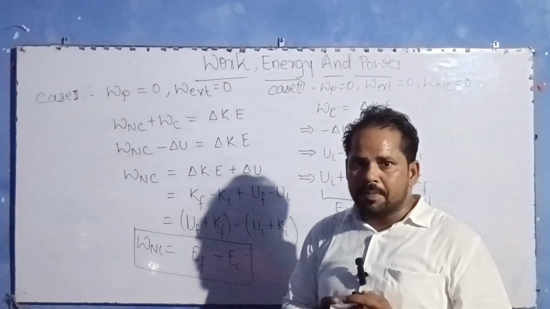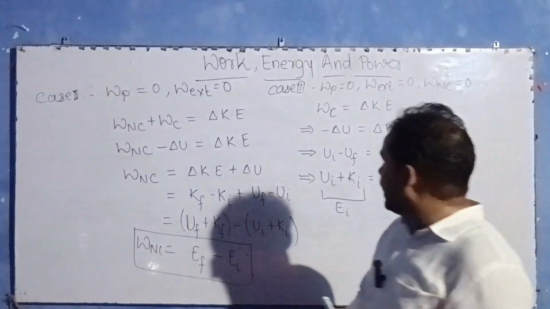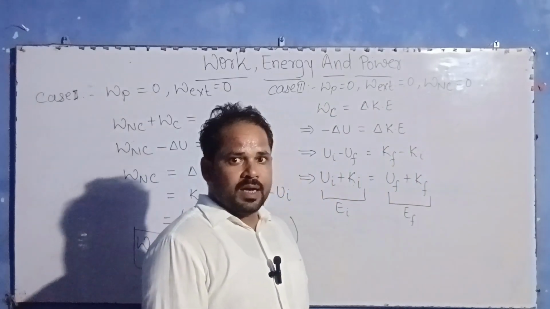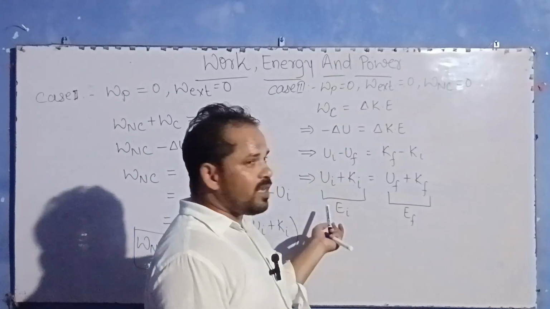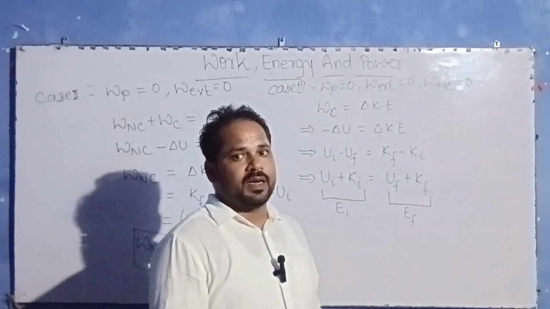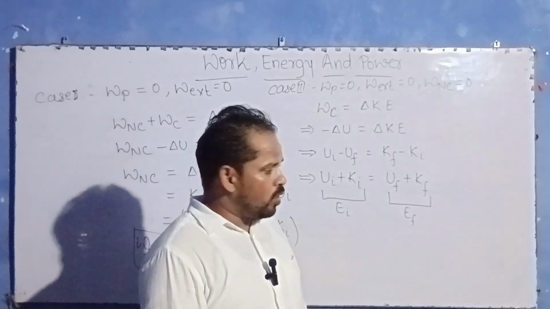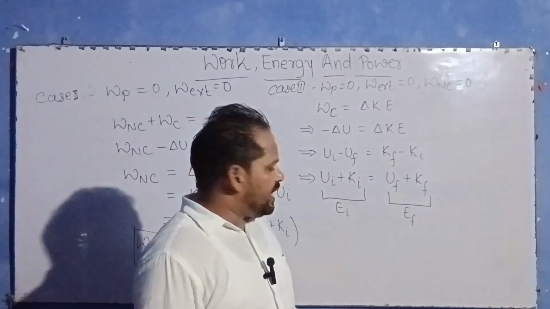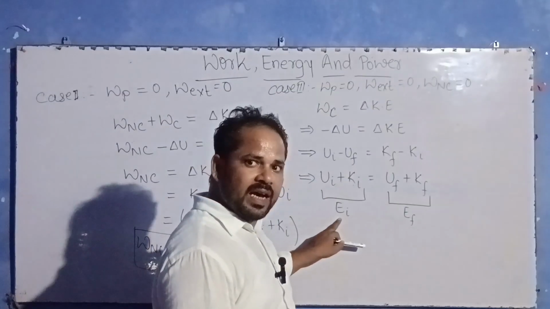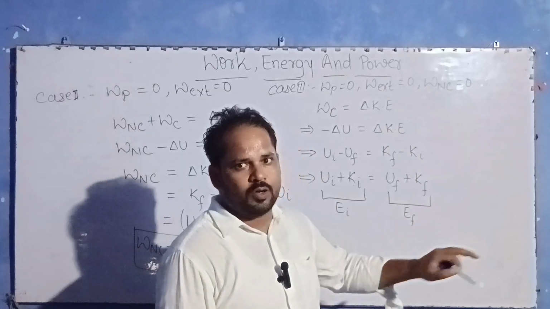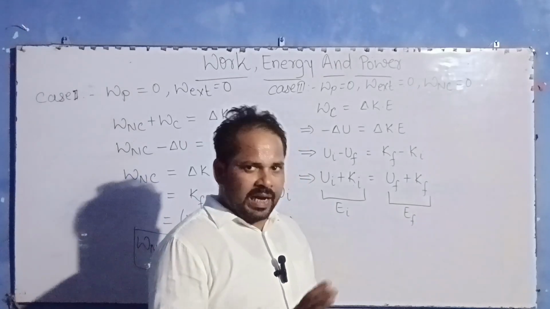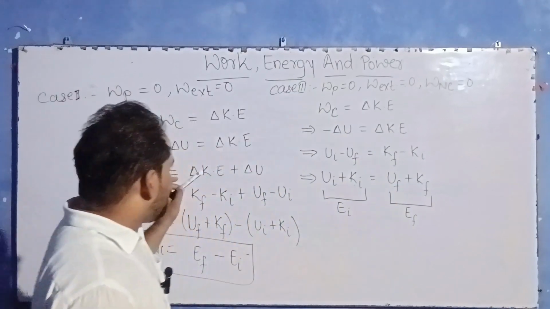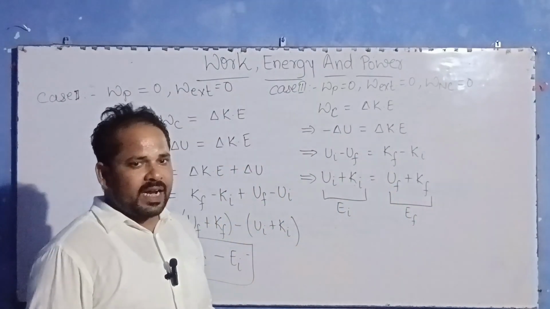We should always remember that when there is no non-conservative force acting on a body, then the total energy before and after is equal. So we get the final expression: initial total mechanical energy is equal to final total mechanical energy. Let us take some examples to solve problems through the work energy theorem.